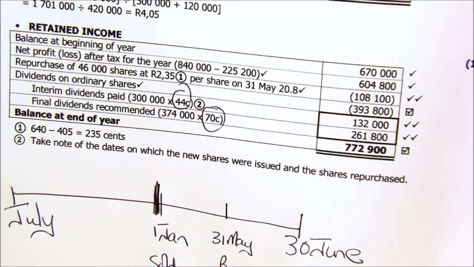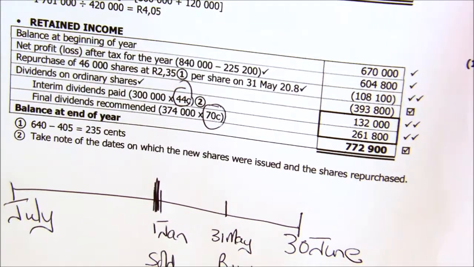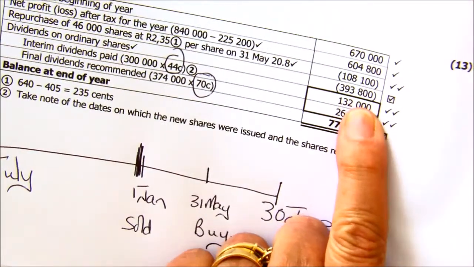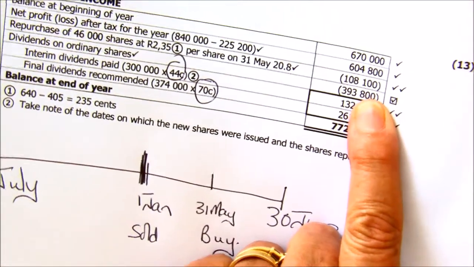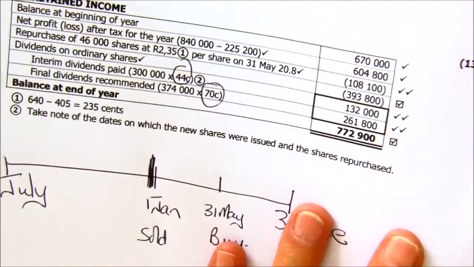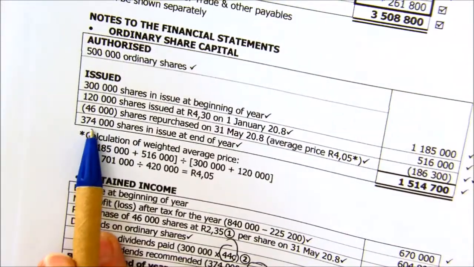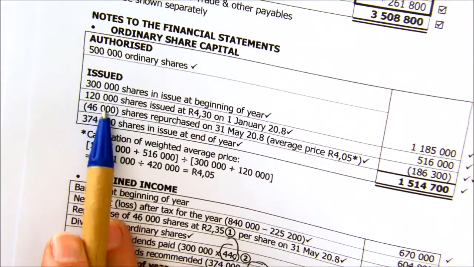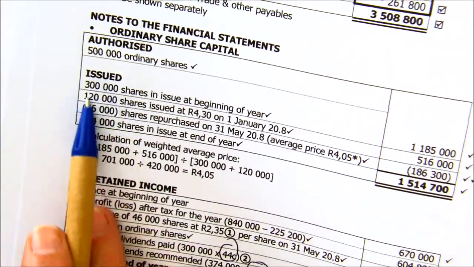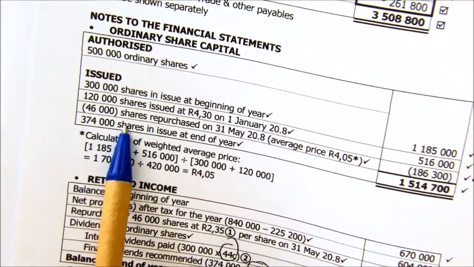And I know many of you get confused because there is a formula, there's a dividends per share, and you would take the 393 and divide it by the number of shares at the end of the year. You can only do that if the shares were 374,000 throughout the whole year. So it is a bit misleading when you just depend on a formula.